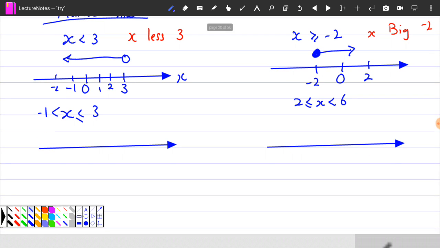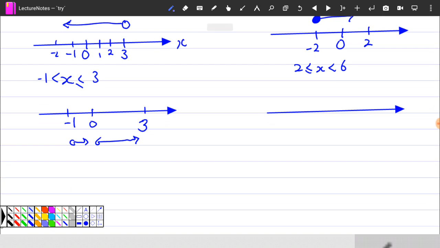Now third one I want in between. So there again I draw my 0, I draw my -1, I draw my 3. Note when there is a 3 and a 1, you need to make sure that the distance is approximate. Understand? Don't draw equal. In exam they don't draw this for you, so you gotta draw yourself. Now, how do I read this?